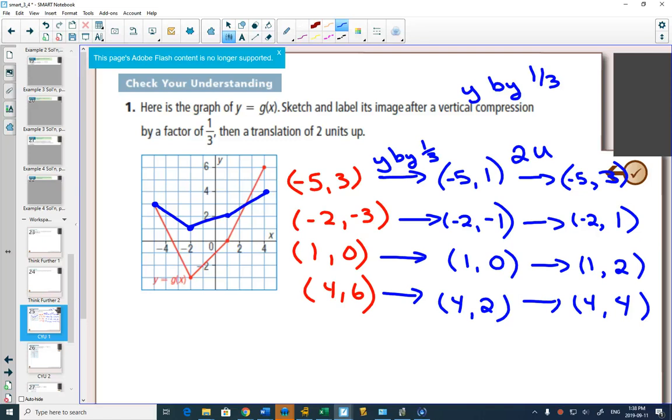Does it look like it's been squished vertically and then translated up? So again, at the end, we do a quick check. Does it match up with what we expected to happen? Sometimes you are just estimating, yeah, that looks about right. And we have our final graph.